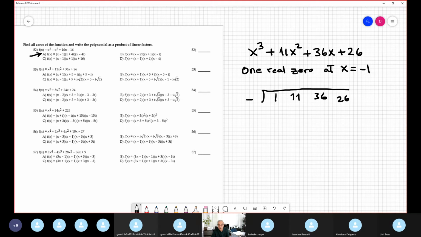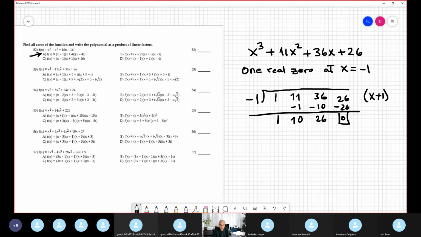Here I put -1. Bring down 1. This is -1. This is 10. This is -10. This is 26. This is -26. Zero remainder. I prove for sure that x plus 1 belongs to the polynomial factorization, and also the verification in decimals that -1 is a zero.